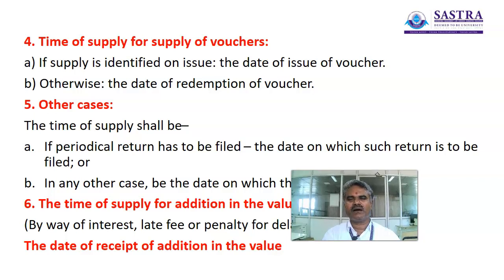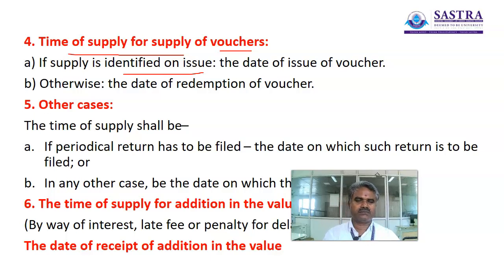Then time of supply of vouchers. Sometimes the company gives some vouchers to the beneficiaries. If the supply is identified on issue, the supply is identified on issue. So what is this? Nothing, my dear students. You are participating in an event, in a competition.